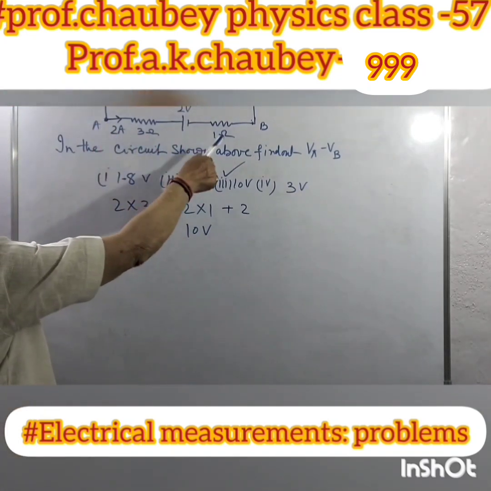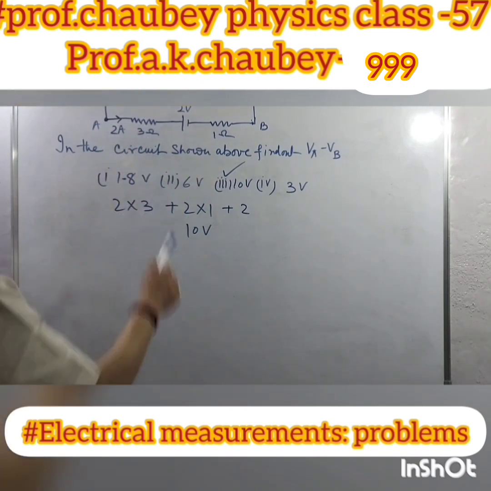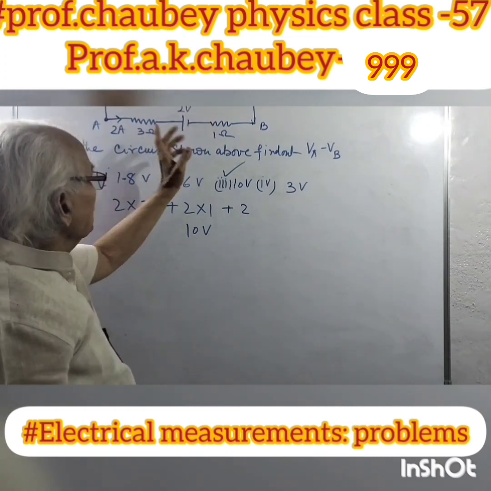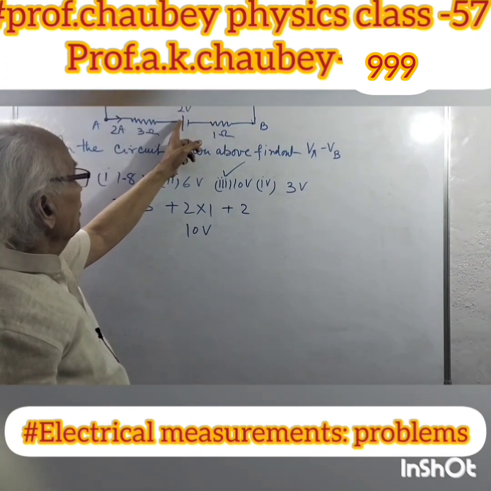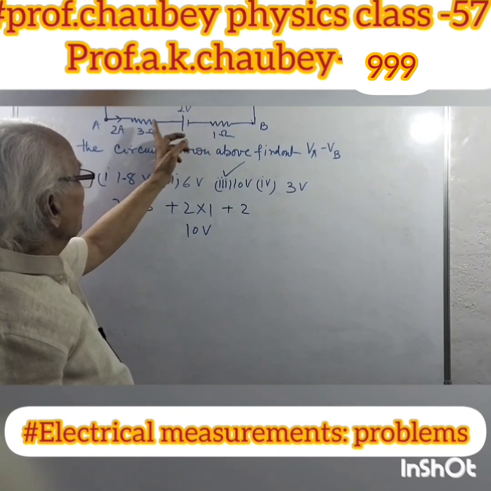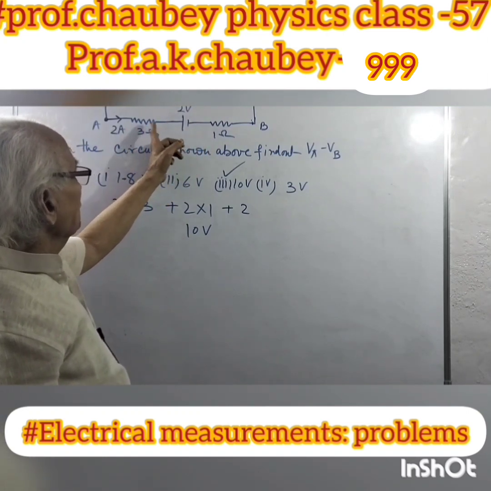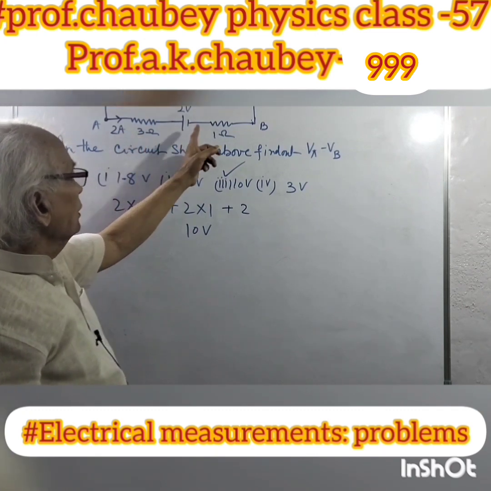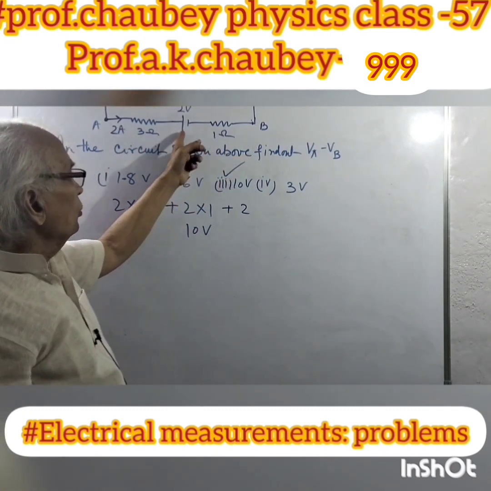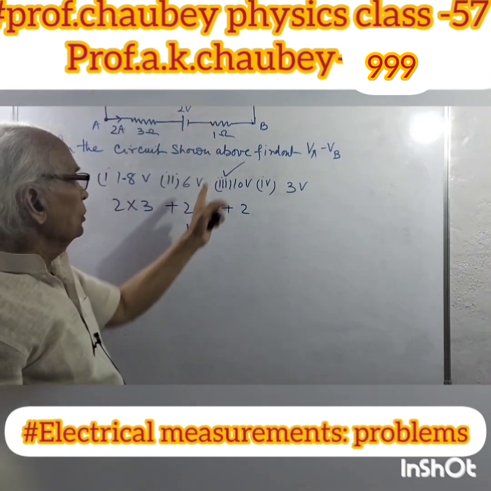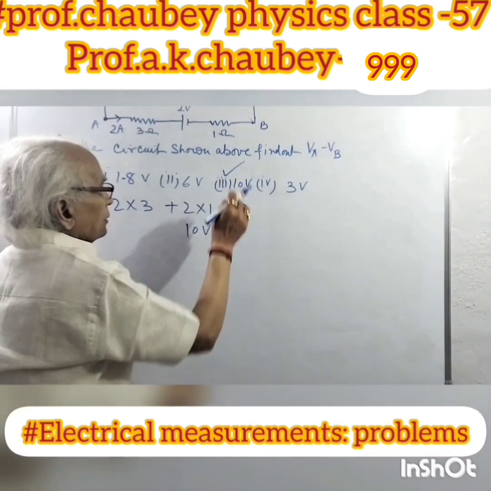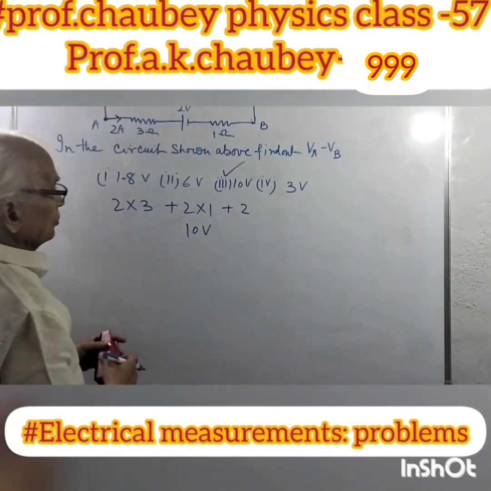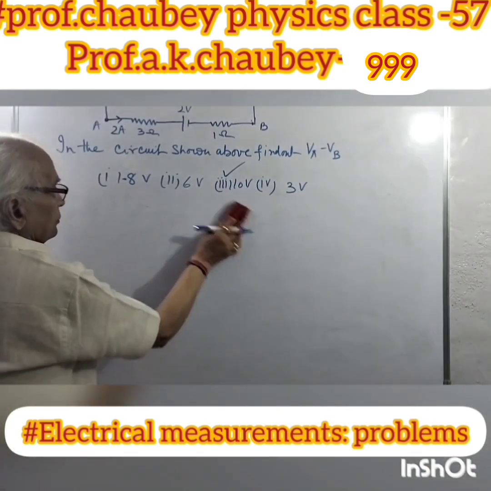The voltage between A and B is the voltage drop here, and since the current and the battery are opposite, these will be added together. That is 2 into 3, 6 volt here, 2 into 1, 2 volt here, and 2 volt. So 6 plus 2 plus 2, 10 volt, this will be the correct answer. So number 3 is the correct answer.